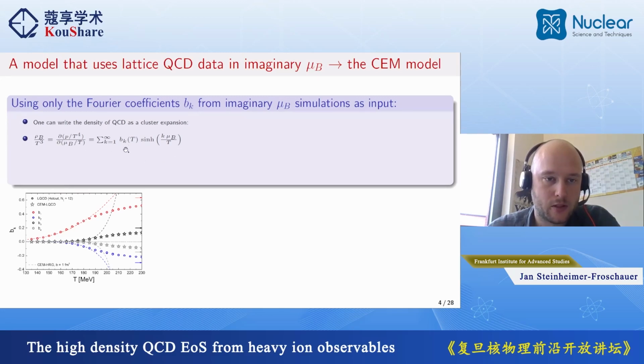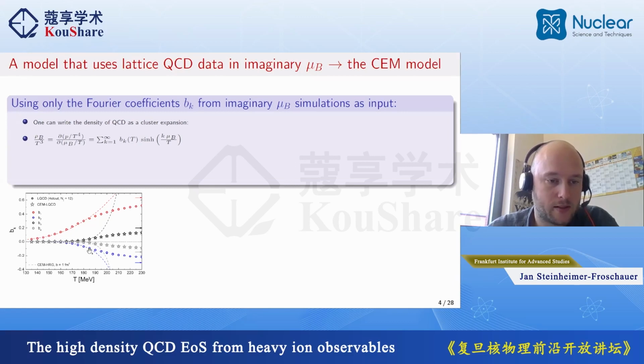So you have these Fourier coefficients, and then you have some sinh of mu_B over T. And this is basically the cluster expansion. What you can do is measure these coefficients from the lattice with very high precision, so these are the points which were published some years ago.